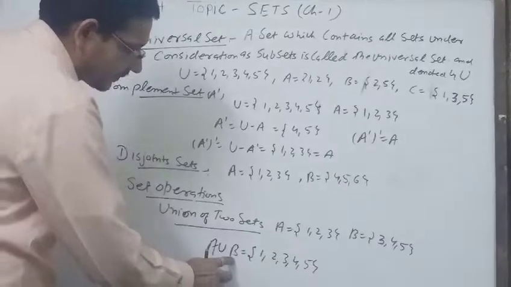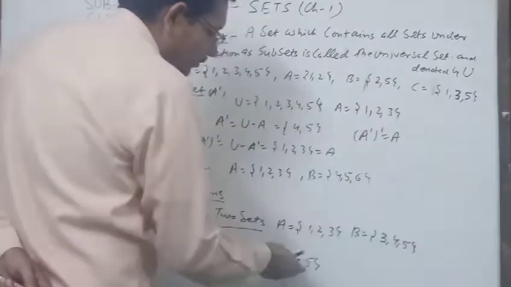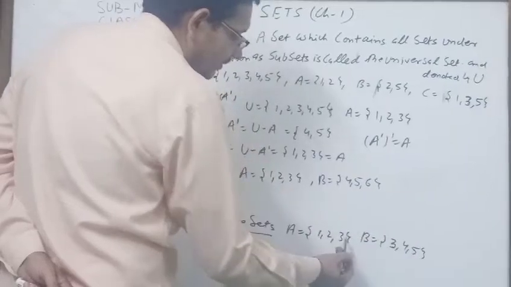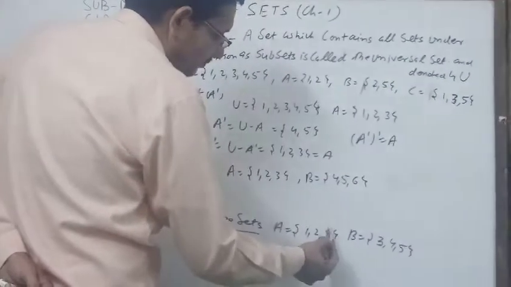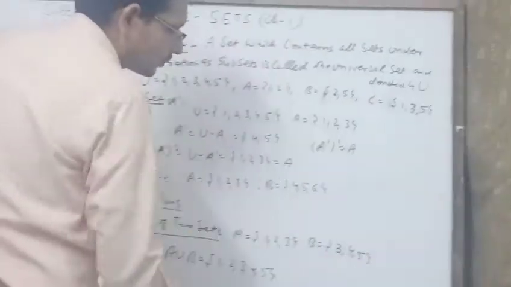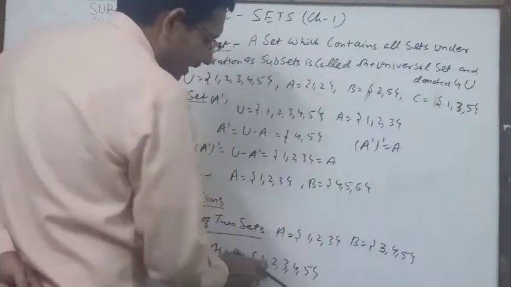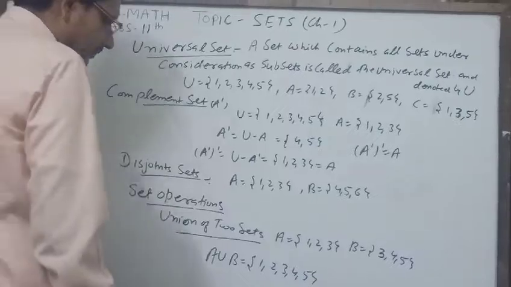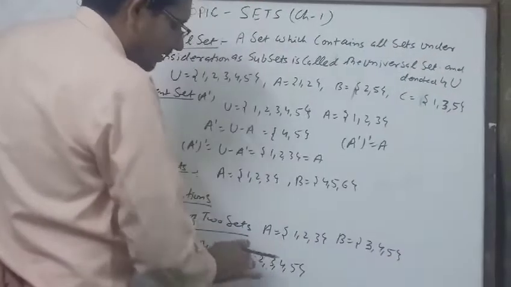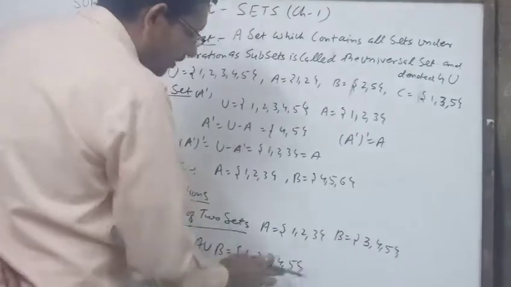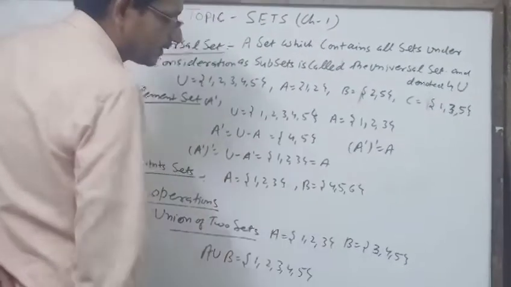A union B equals addition of two sets, right? 1 2 3 and 3 4 5. There is 3 in common in both, but in a set one element is taken at one time, right? 1 2 3 4 5 is the union of two sets, right?